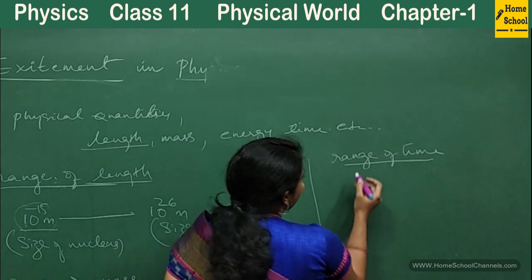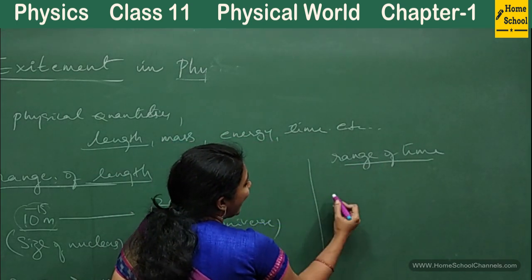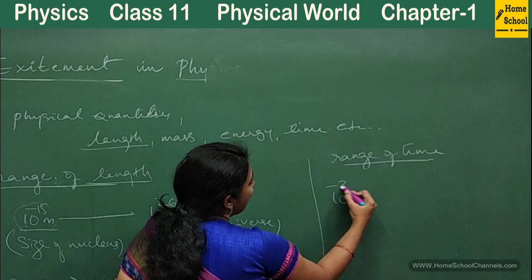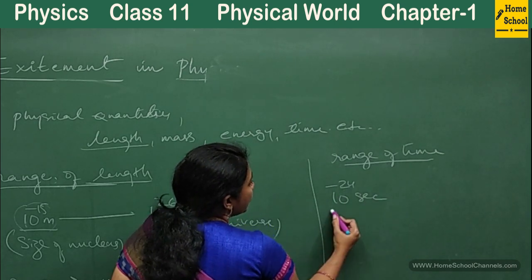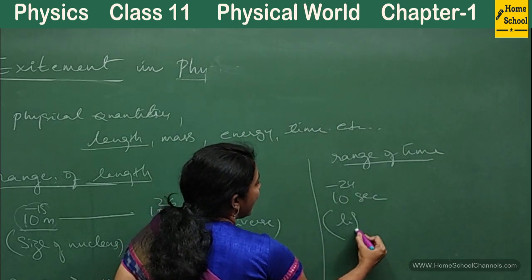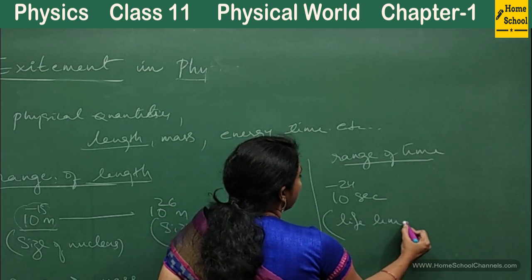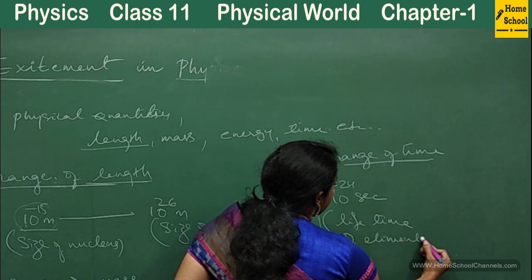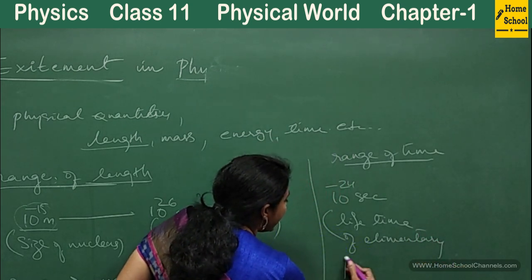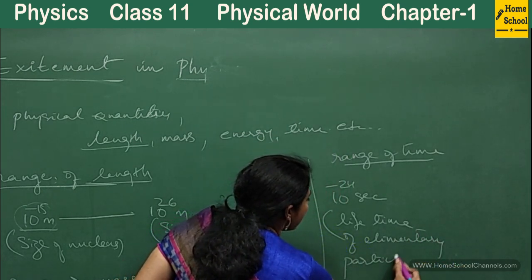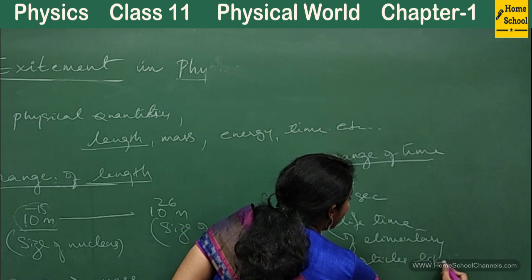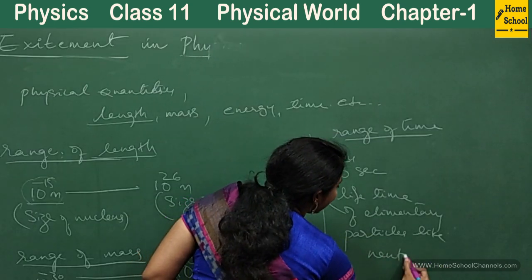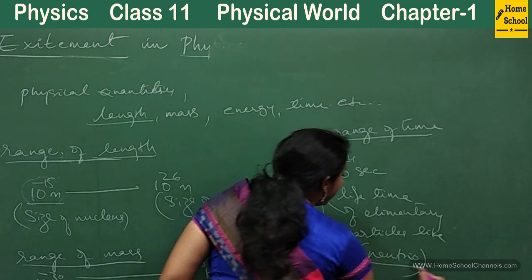Range of time: we can measure time as small as 10 power minus 24 seconds. This is actually the lifetime of elementary particles like neutrino. What do you mean by neutrino?